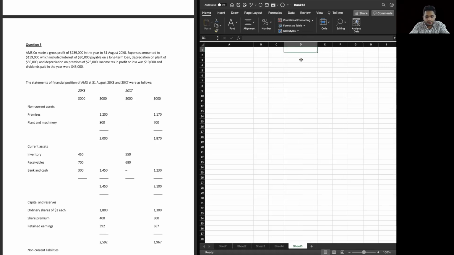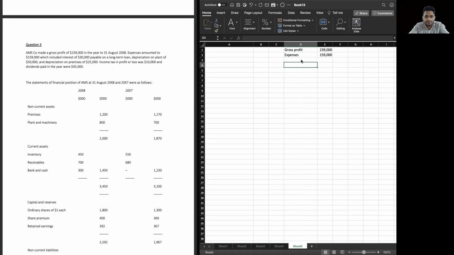So the gross profit is 239,000. Expenses amounted to 159, which included an interest of 30,000.